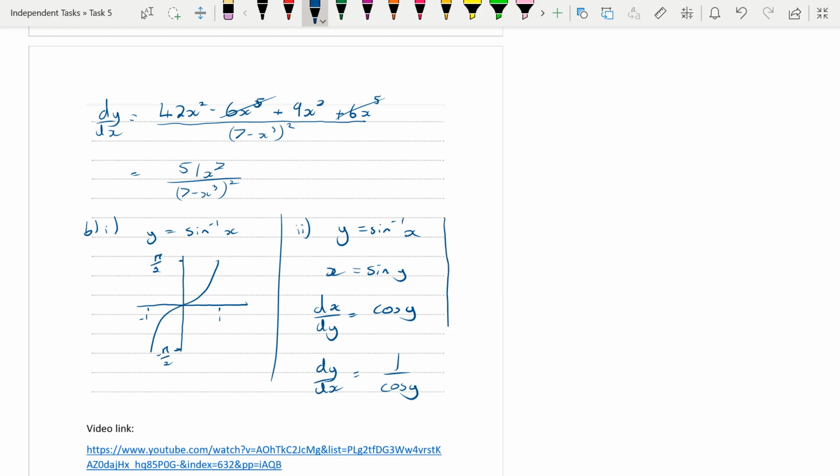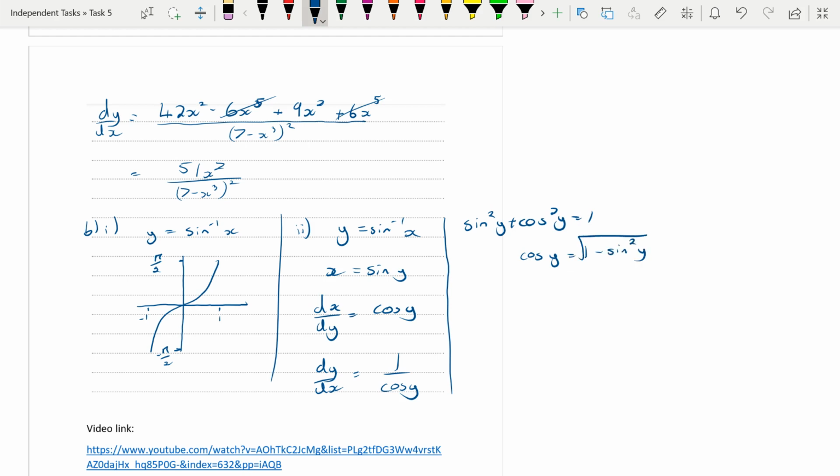Now the issue is that's in terms of y, I need it in terms of x. So to get it in terms of x, I'm going to use sine squared plus cos squared is 1. If I rearrange that to find cos, I get the root of 1 minus sine squared.